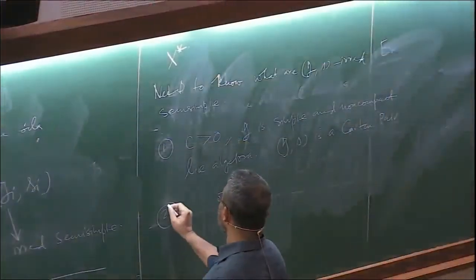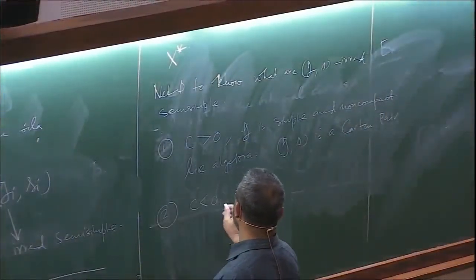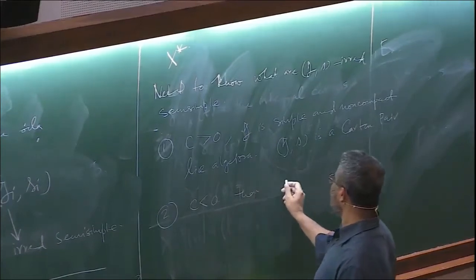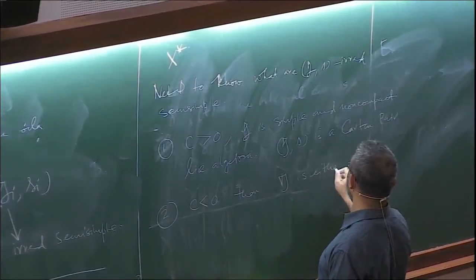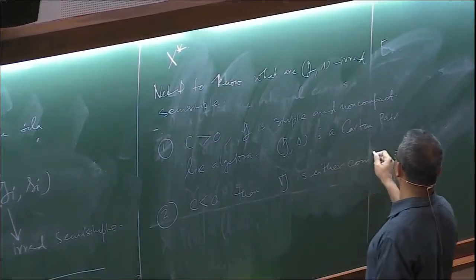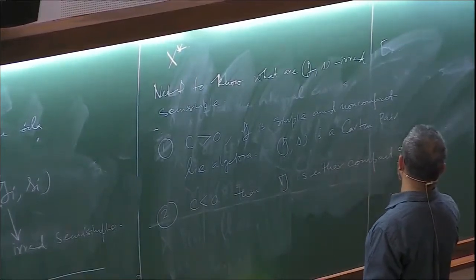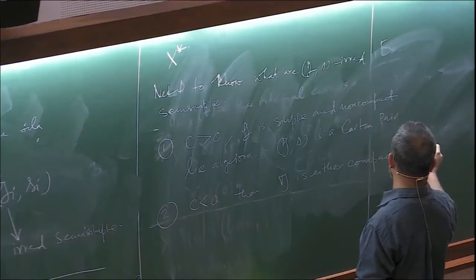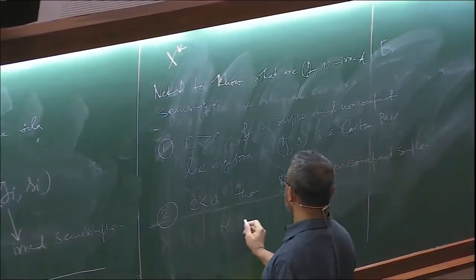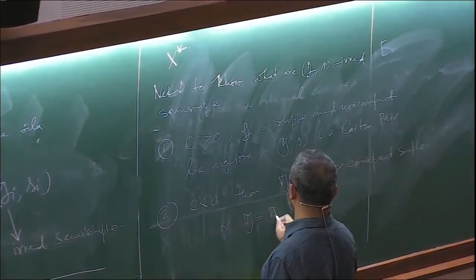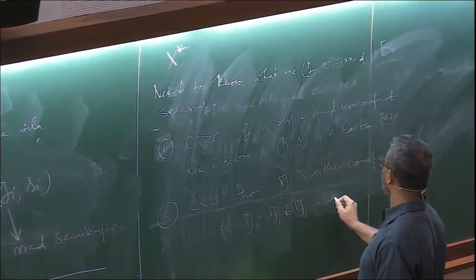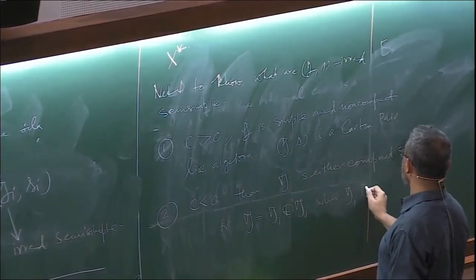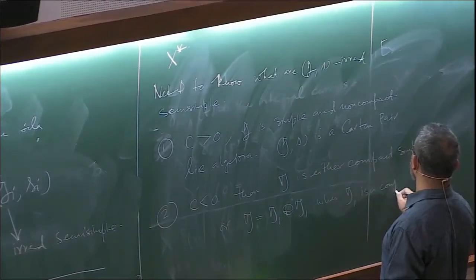2. If C is less than 0, then G is either a compact simple Lie algebra, or G is G1 direct sum G1 when G1 is a compact simple Lie algebra.